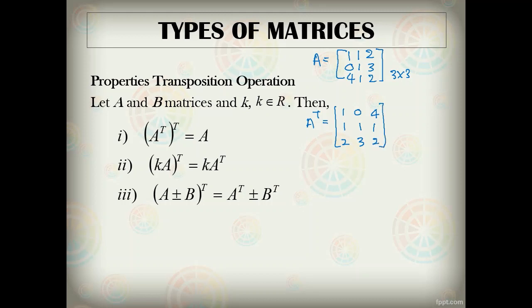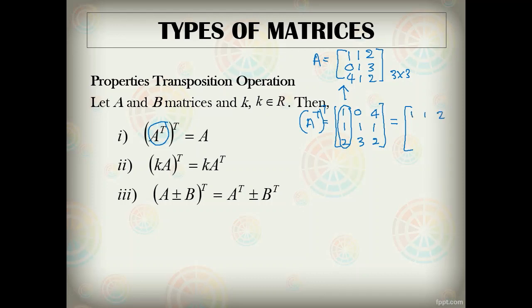Now this is A transpose, which is the one inside the bracket, right? Whenever I transpose this one more time, I will get the original matrix. Let us see. I transpose the first column, so it becomes our first row 1, 1, 2.